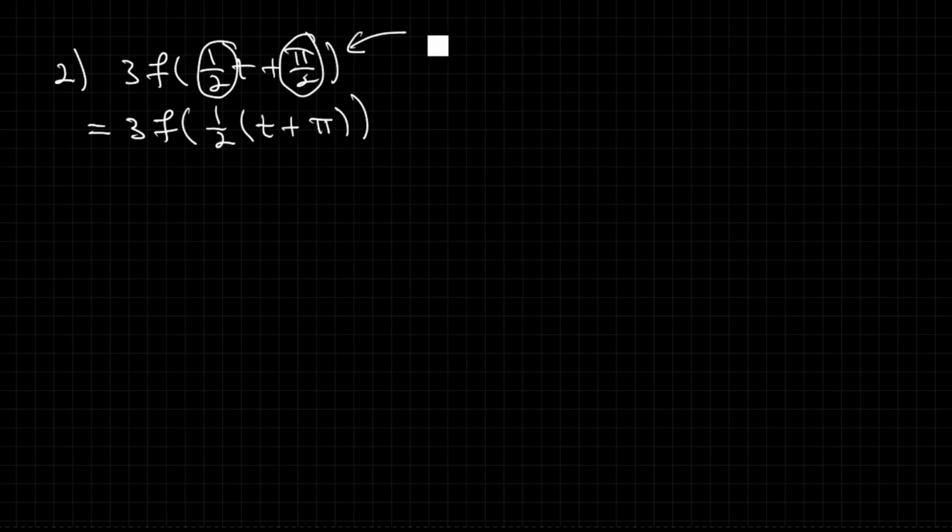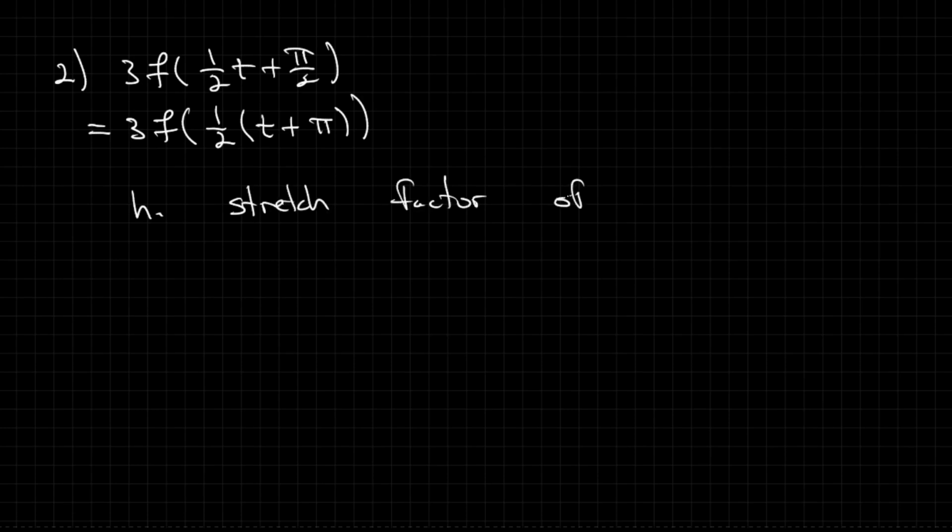Once you do this, you can identify the transformations and their order by putting the shifts last. So the horizontal transformations is that this is a horizontal stretch by a factor of 2. And this is a horizontal shift to the left by pi.